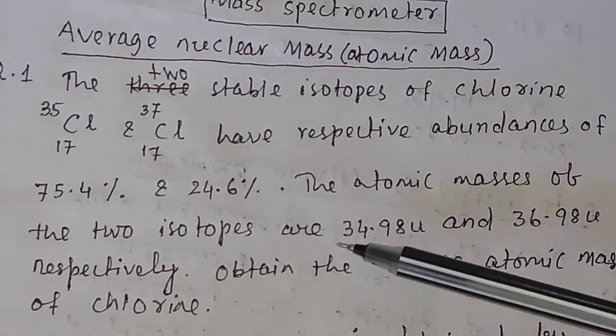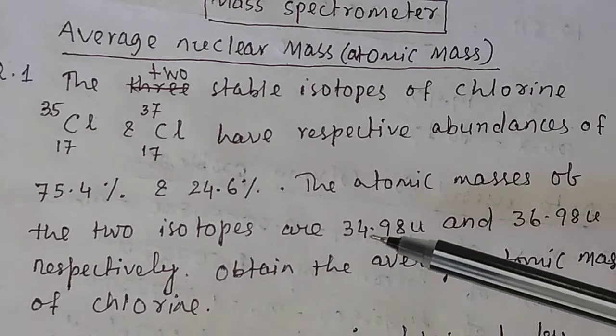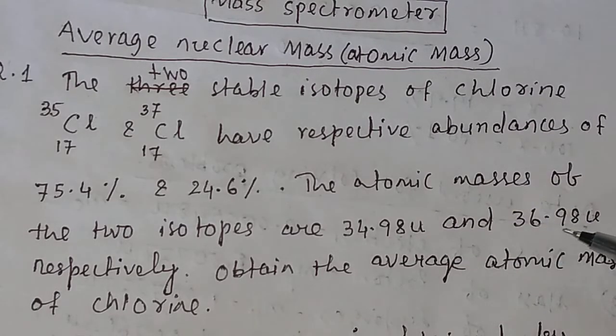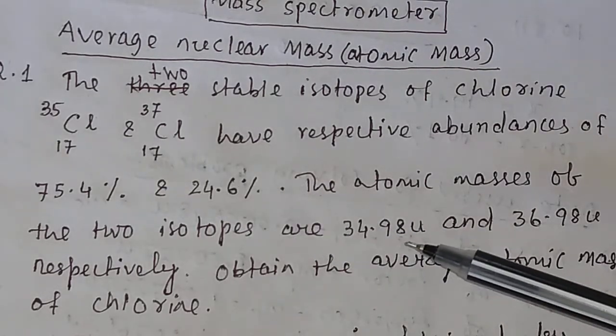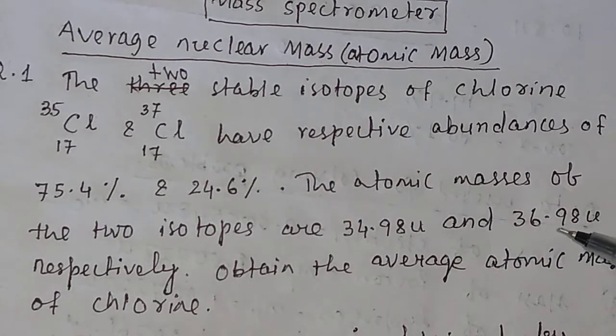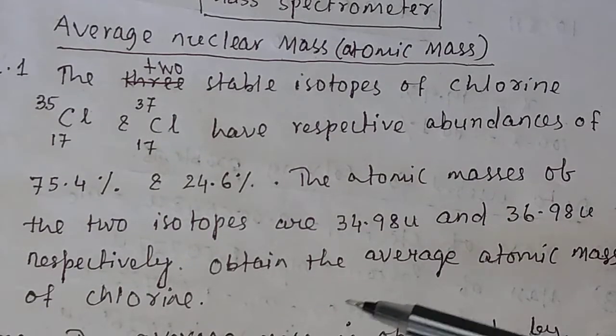The atomic masses of the two isotopes are 34.98 U and 36.98 U respectively. Obtain the average atomic mass of chlorine.